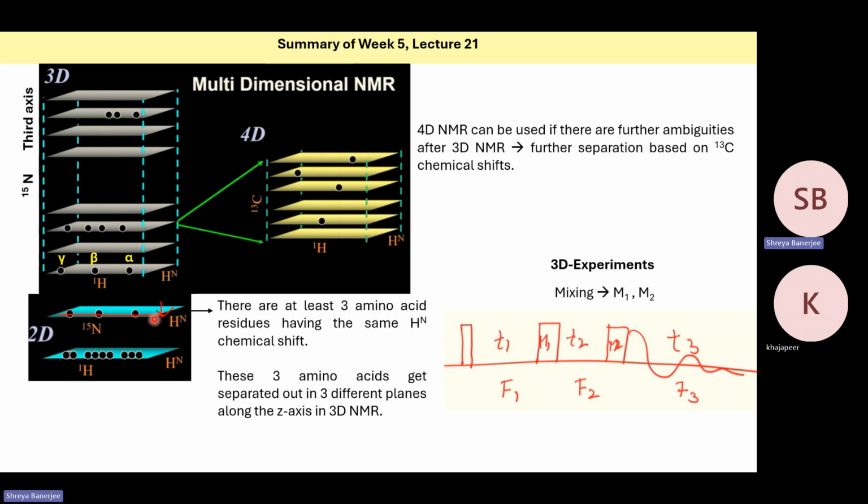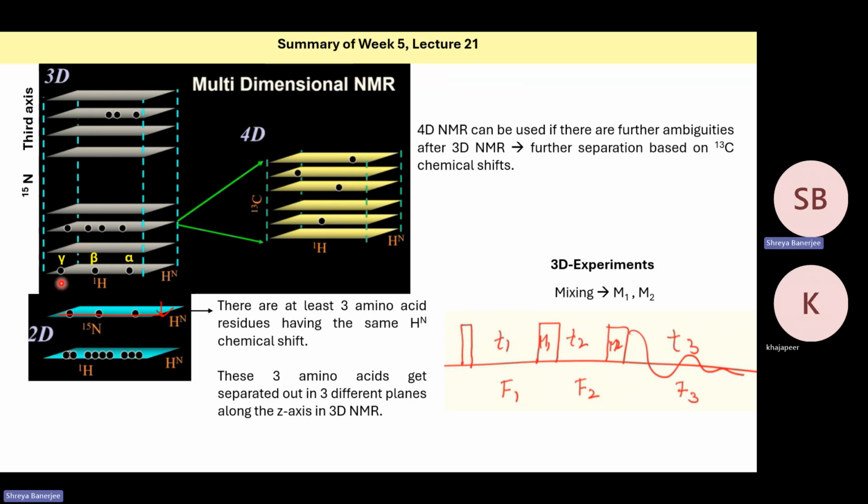So they have the same HN chemical shift, and in 1H, the spectra is very crowded. So you can actually combine these two 2D spectra to form a 3-dimensional spectra.